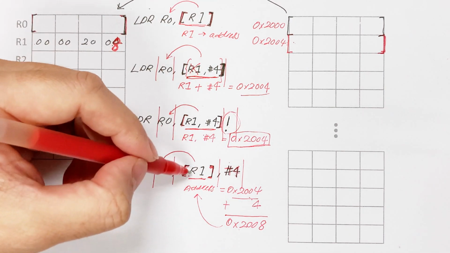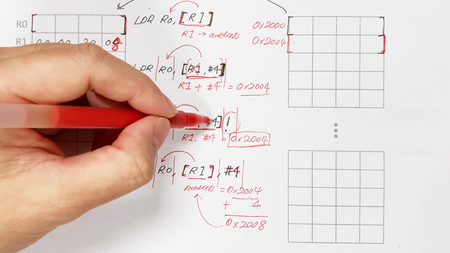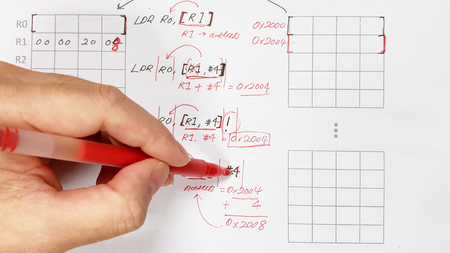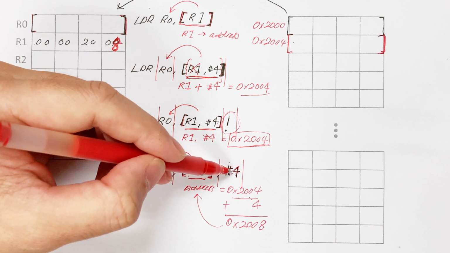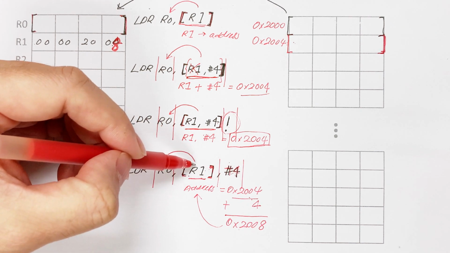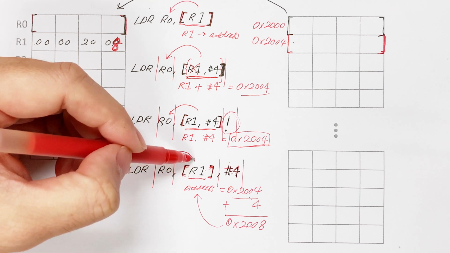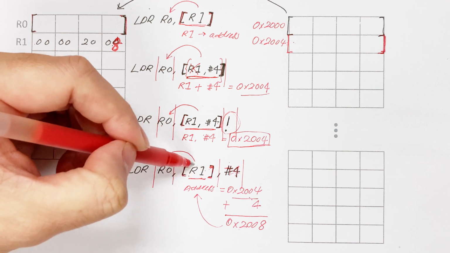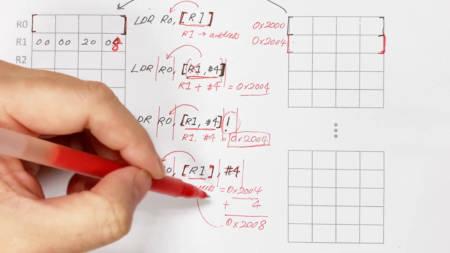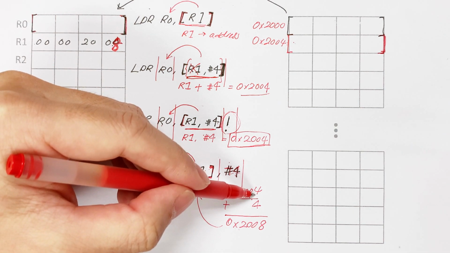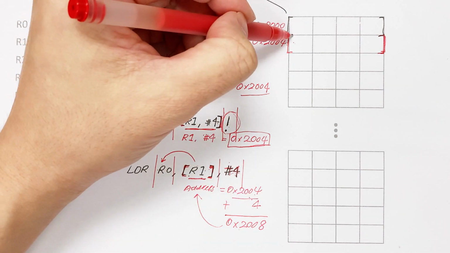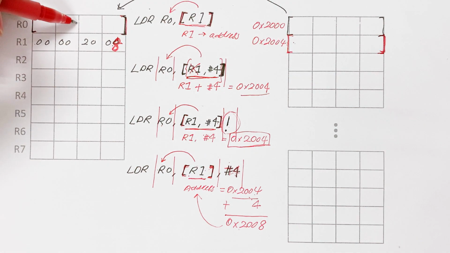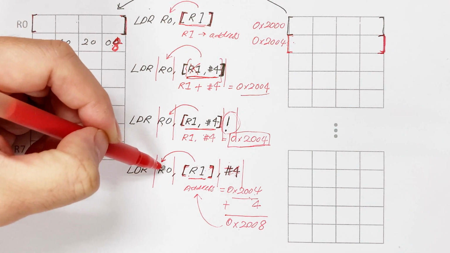And lastly, when we have a post-index, the offset value actually is outside of the square bracket. That's why it's called a post-index. So we are transferring the data from the memory to register 0, where the address is given by R1 itself. R1 just now was 2004. So we are moving whatever data you have in 2004 to register 0 as our destination.